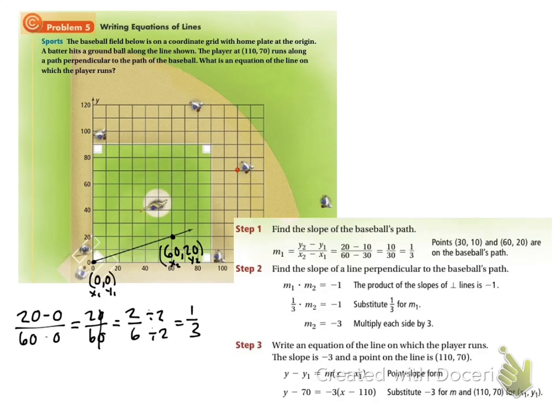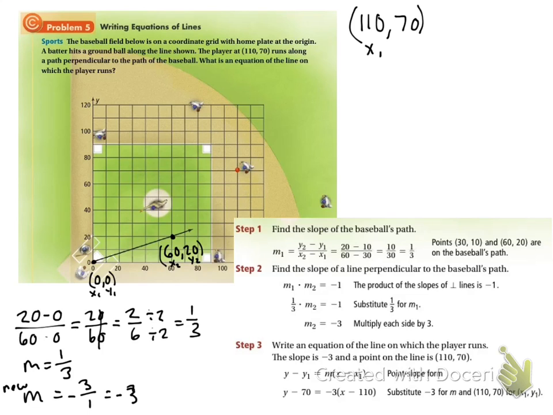So my current m is 1/3. The new slope then, new m, I need to flip it, 3 over 1, and I need to make it negative because it was positive. So this is negative 3. Okay, I'm going to bring this up to the top here because I'm going to go through the point 110, 70.